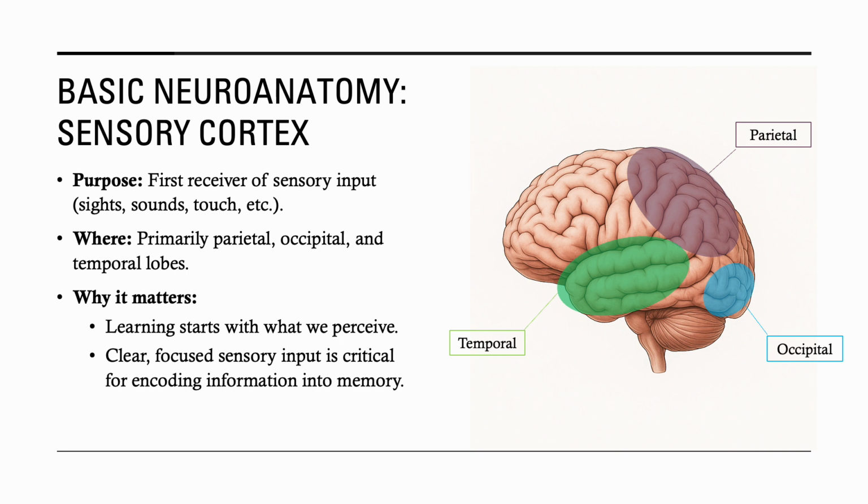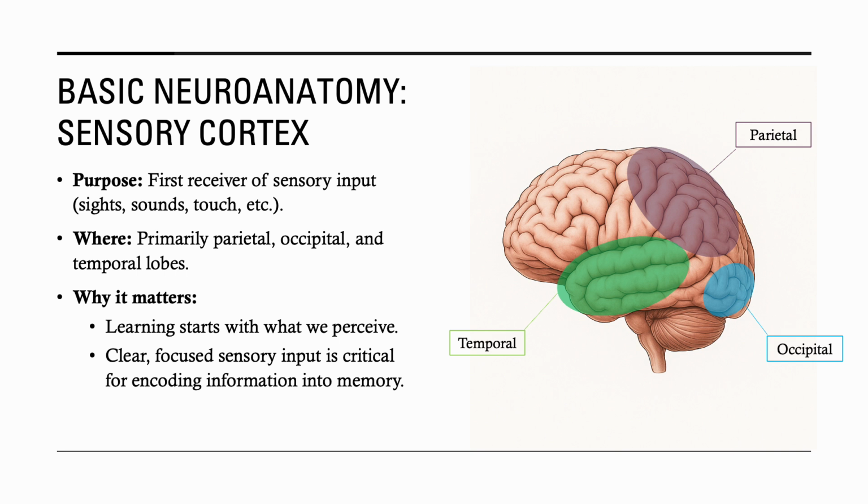And what happens is it goes to different parts of the brain that fall under the umbrella of the sensory cortex, as you can see here. So our visual cortex, which is in our occipital lobe, is in the back of the brain. It handles everything we see.